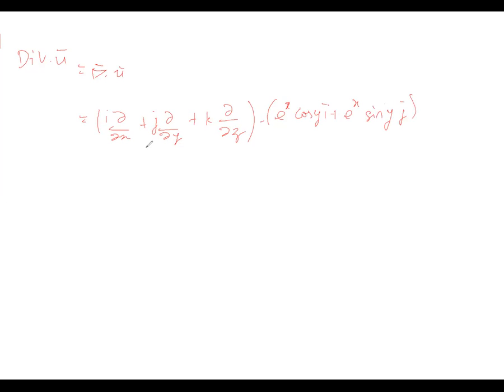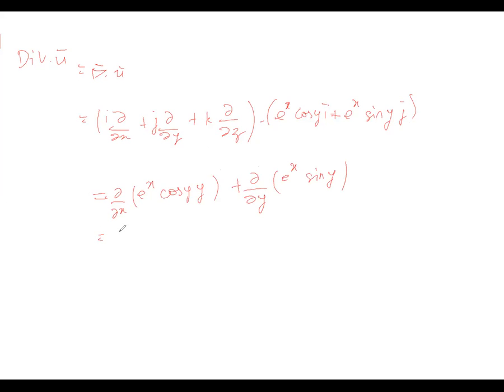In the dot product, the k component is not available here, so you multiply the i component, giving dou by dou x of e power x cos y, plus dou by dou y of e power x sin y.